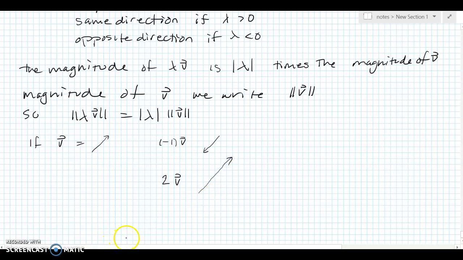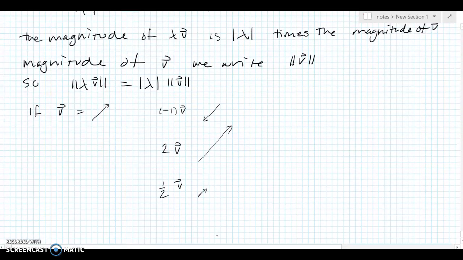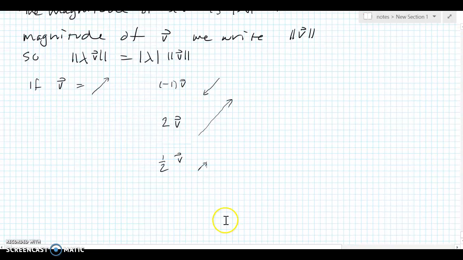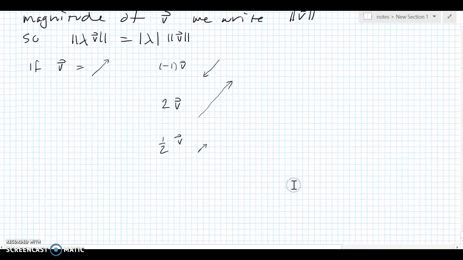There we go. Right, 1/2 V would be 1/2, and in the same direction. So that gives us another way of looking at the subtraction.